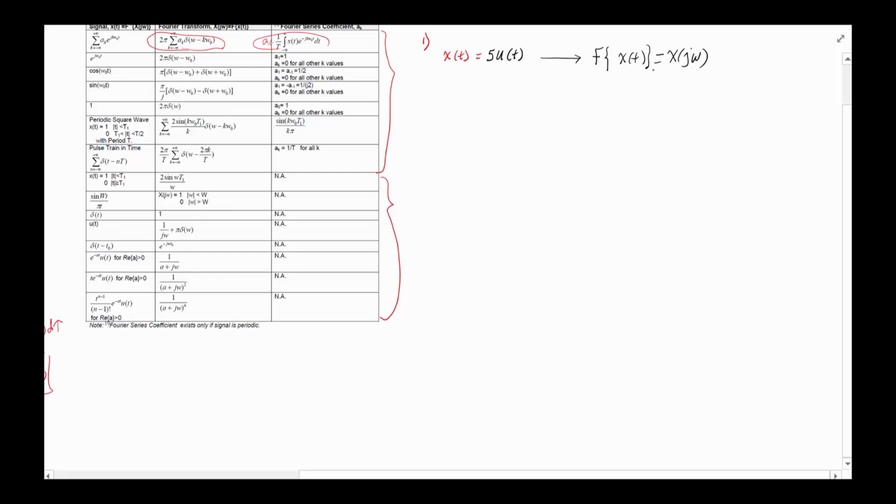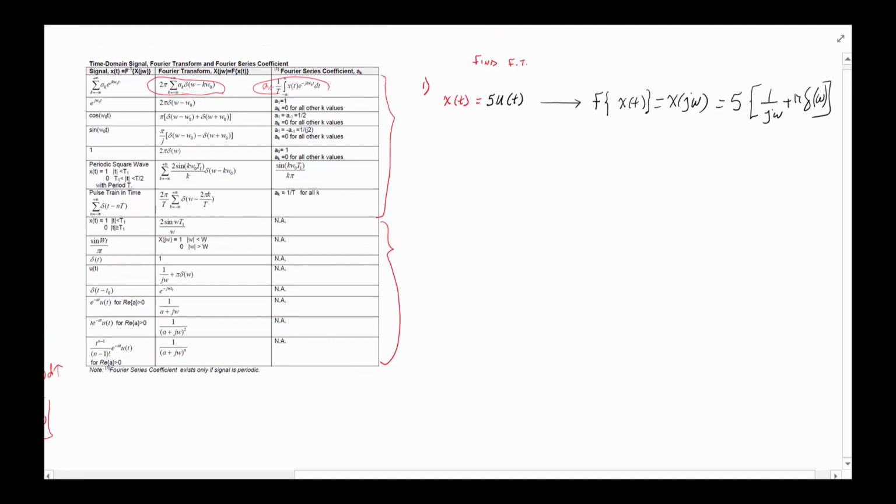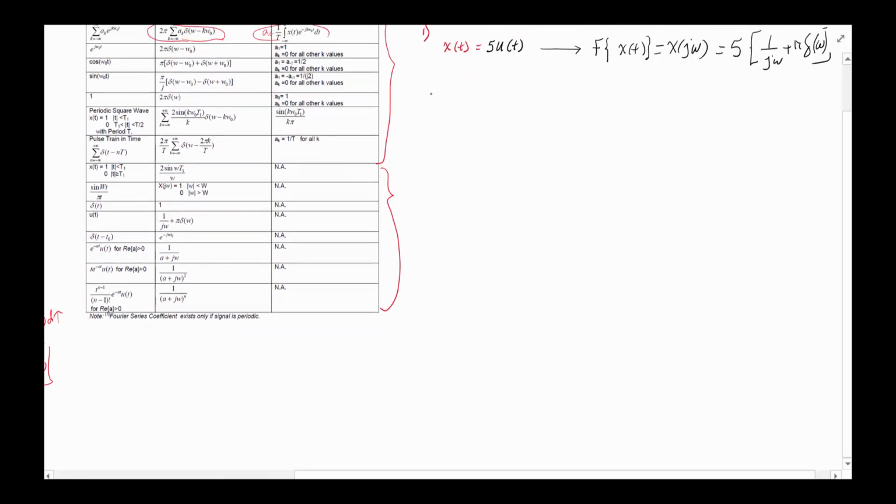I'm just going to look at the table, and the table tells me that u of t, and the 5 is just a coefficient, is 1 over j omega plus pi delta omega. Perfect. I'm done. That's the Fourier transform of that. We're good to go.